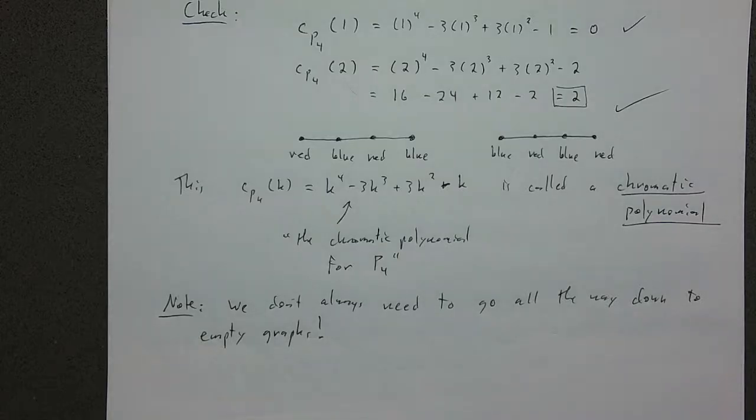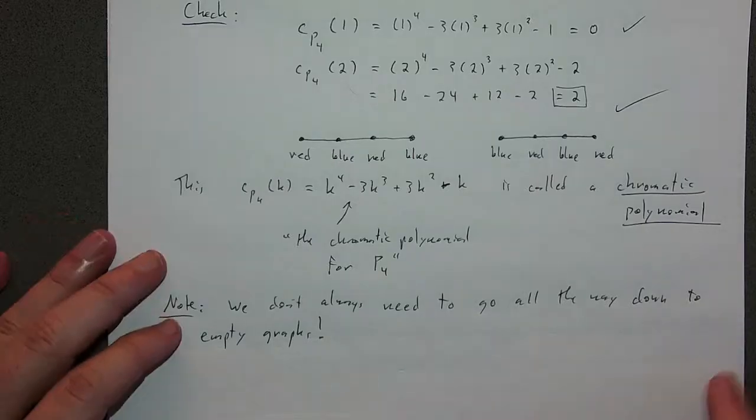The idea is you don't have to always go all the way to the empty graphs, but if you do carry this process through, it's nice to know that it terminates at a step where all the graphs are empty, and thus it's deterministic. We know exactly what each term has to look like, and then it's just a matter of doing some very basic algebra to combine the terms and get your final polynomial.